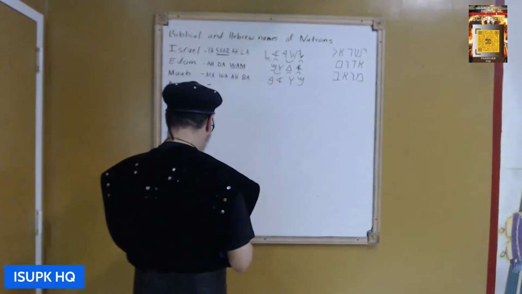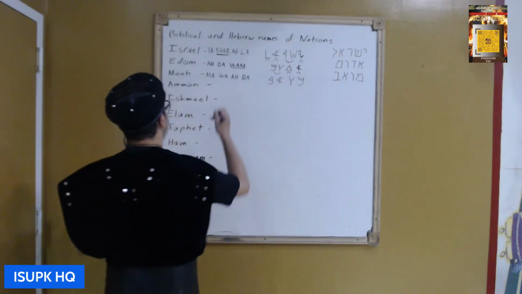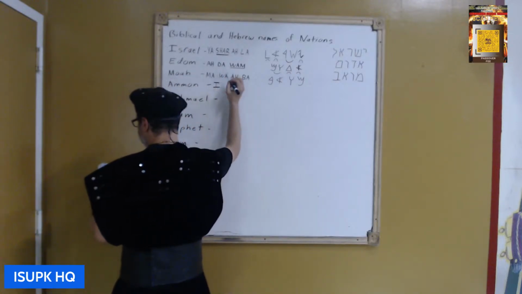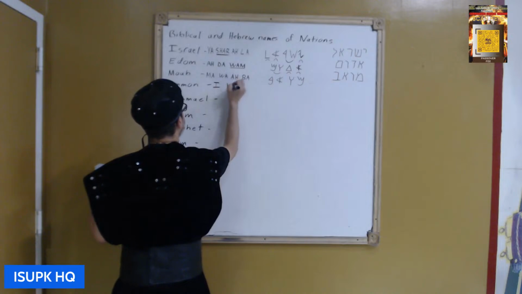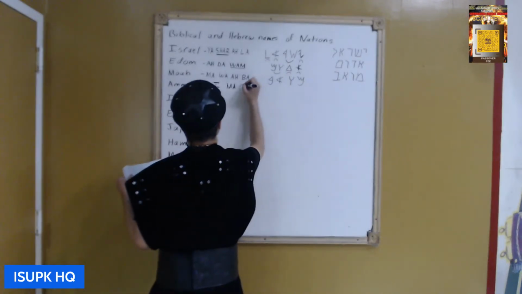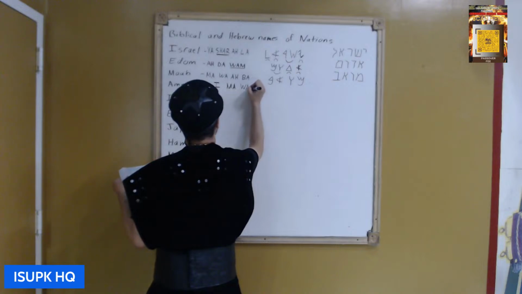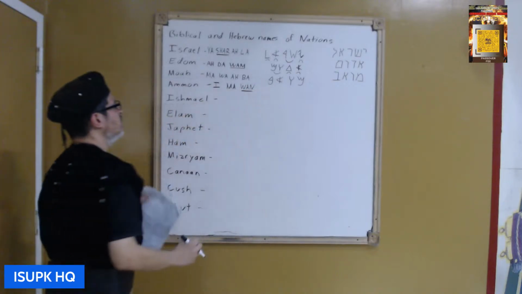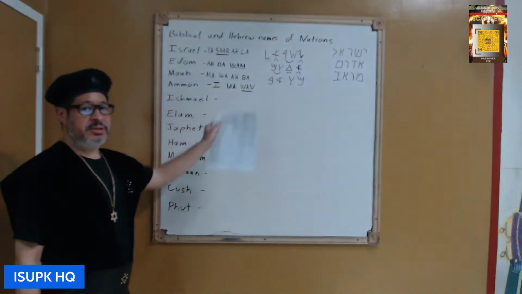Next we have Ammon, which is I, Ma, Wan. And the Wan is connected. I'm a Wan.